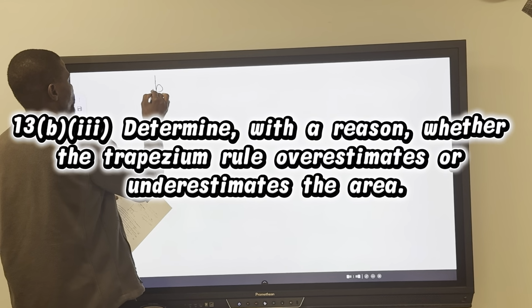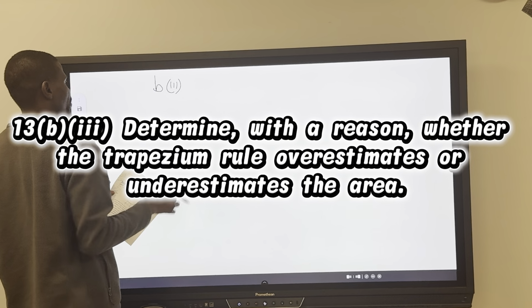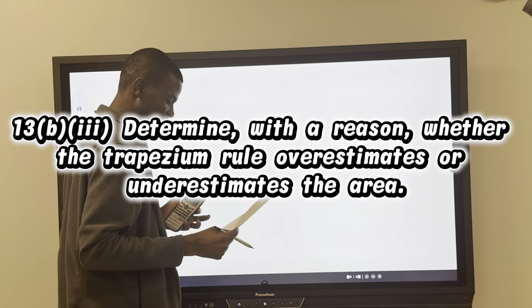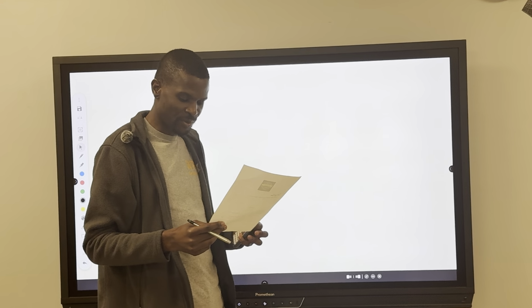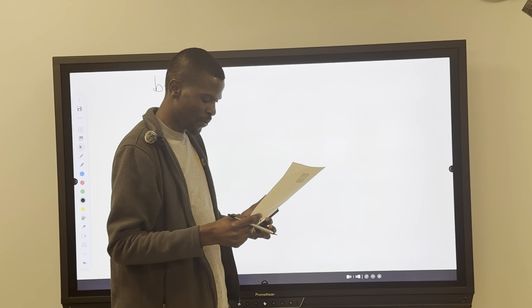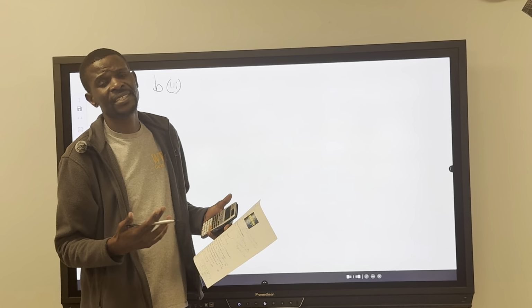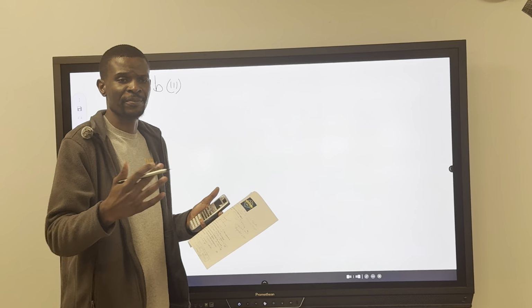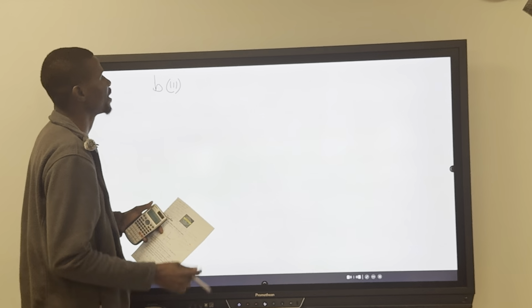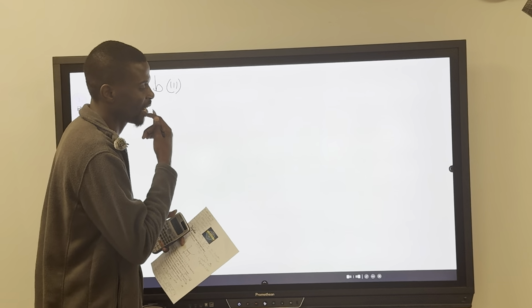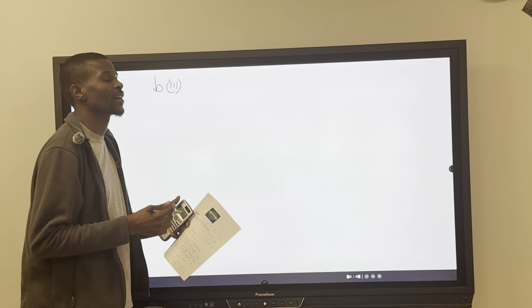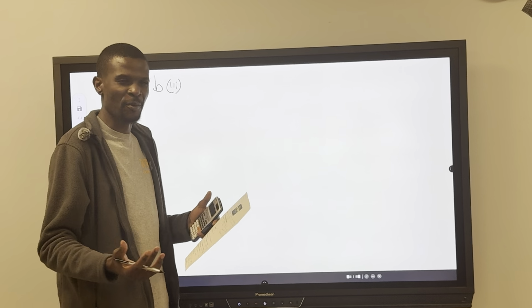Then, lastly, which is item 3. State with a reason whether the trapezium rule overestimates or underestimates. But guys, remember this curve, within the given interval, it concaves up, or it is convex upwards.